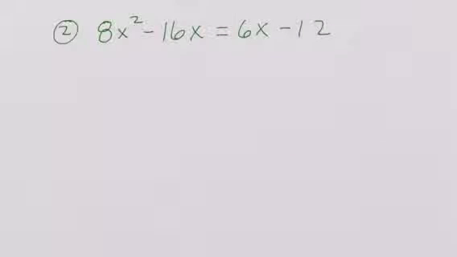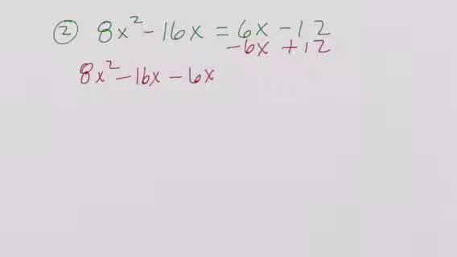All right, now we're going to put all of the terms on one side, solve for 0 so that we can factor. So we're going to go ahead and zero pair out the 6x and zero pair out the 12. So we're going to have 8x squared minus 16x minus 6x plus 12.